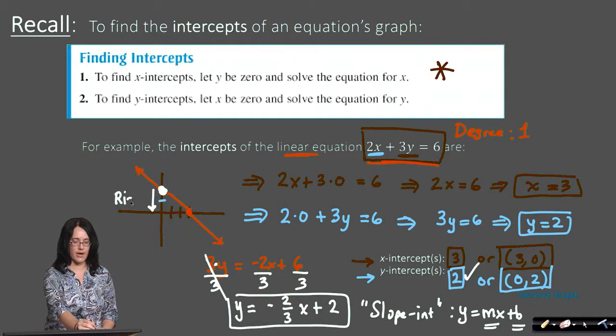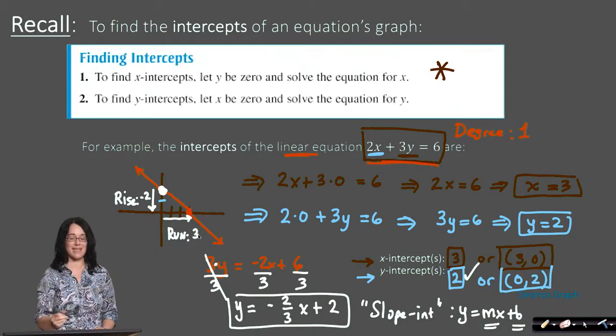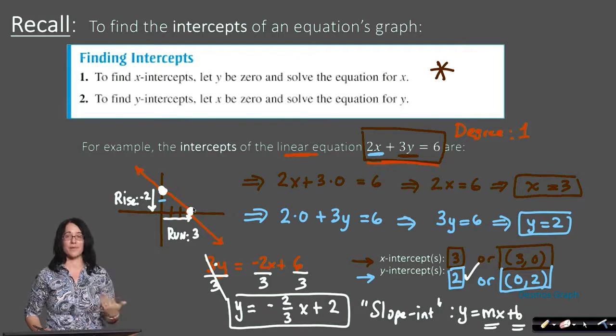So our rise would have been negative 2, and we could have gone over 3. Our run would have been positive 3. And we get to the same points on the line. We could have also gone up 2 and left 3, because that's another way of interpreting a negative fraction. But I just wanted to show you that's where the negative slope is coming from. If you actually solved for y there, you'd get a negative m, wouldn't you? Okay, so intercept method, that's what we call this.